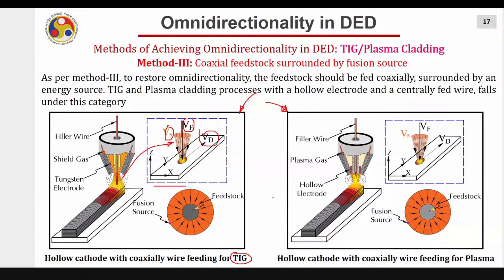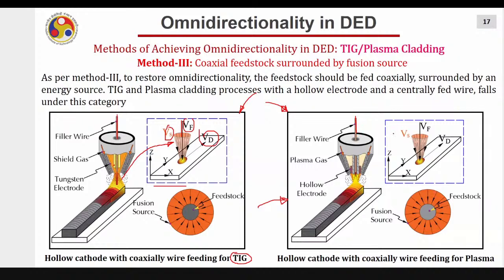Similarly, we have found literature on plasma as well, where a conical plasma was generated. The electrode inside was hollow, and that creates a conical plasma. That conical plasma further creates the molten pool. In that we feed the wire, and that wire gets melted onto the substrate and deposits the material.